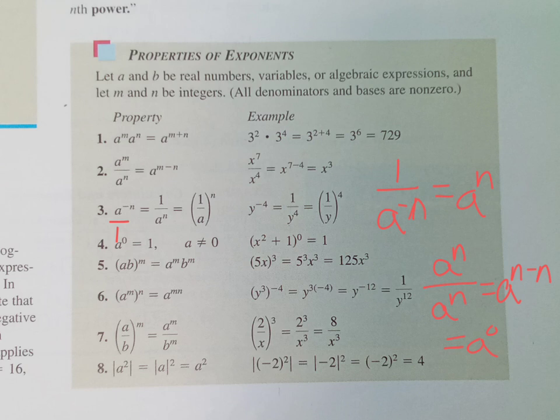And then number 6 here, this is one of your original ones, power to a power. It is important to understand that you can go left to right or right to left on these.